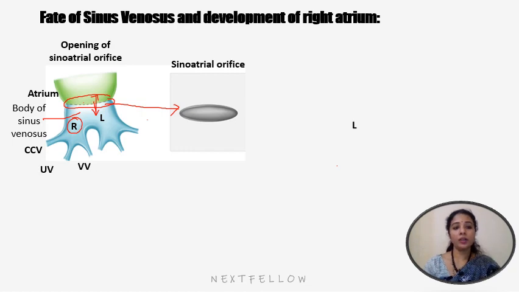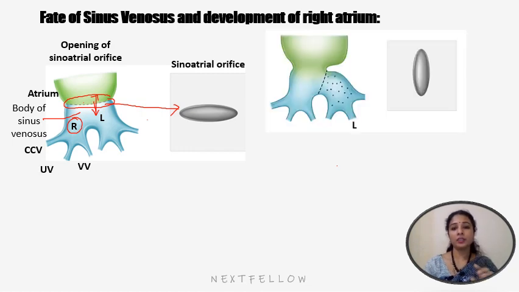Here we see the common cardinal vein, umbilical vein and vitelline veins, and we can see the regression of the left horn and the increase of the right horn. The communication is shifted most towards the right, separating it from the left.